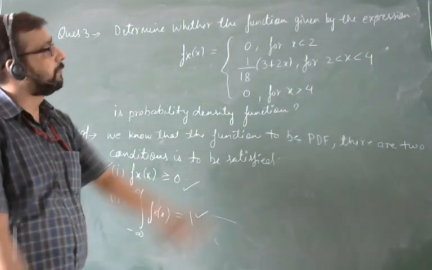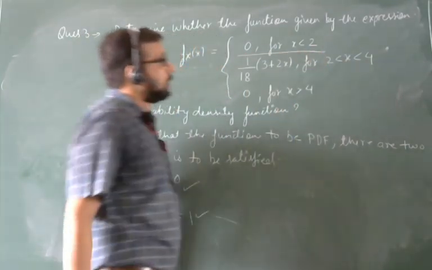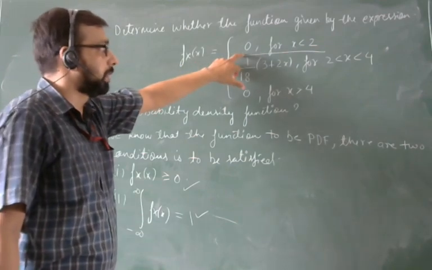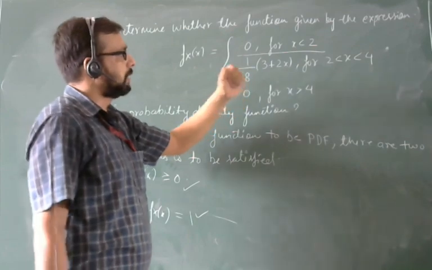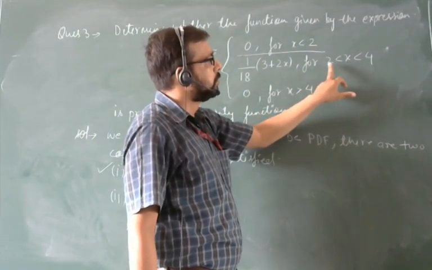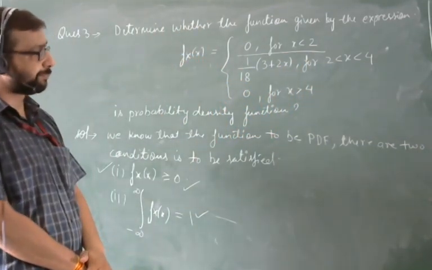This quantity is always greater than or equal to 0. If we take the first one, for x less than 2 the value is equal to 0, so this line satisfies the condition. Second, here x belongs to 2 to 4, so x is always a positive quantity.